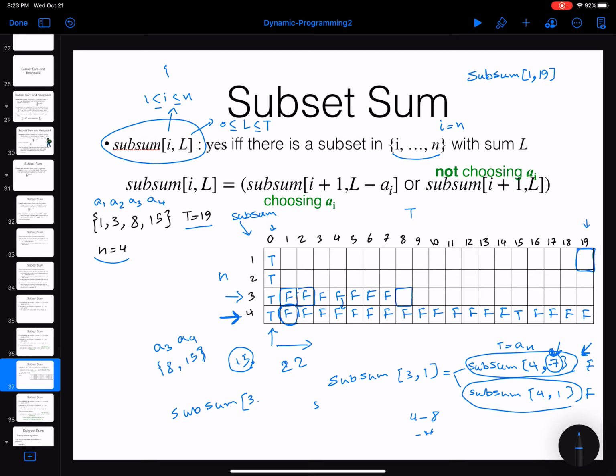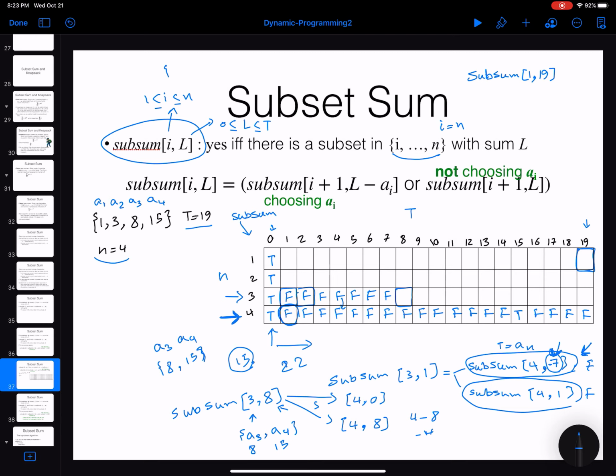So when I reach 8, this cell, which is going to be subsum of 3 and 8, it is telling you that you have access to all these items from index 3 to index n, and the target is 8. What are A3 and A4? These are going to be 8 and 15, right? So the answer for this one is going to come from subsum of 4 and 0, or subsum of 4 and 8.